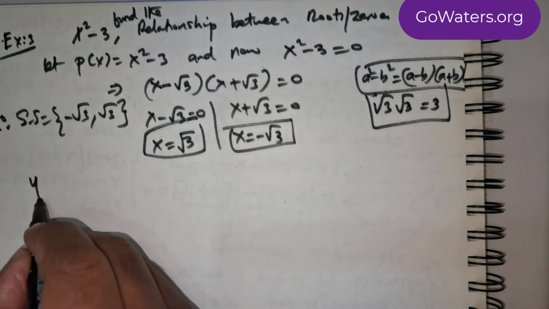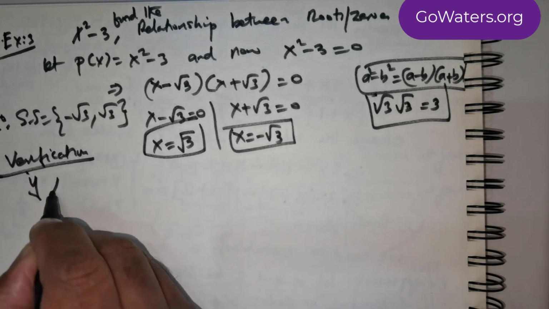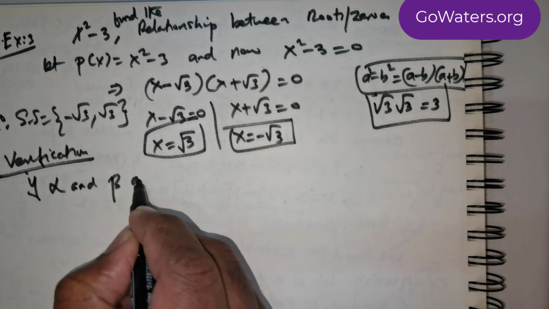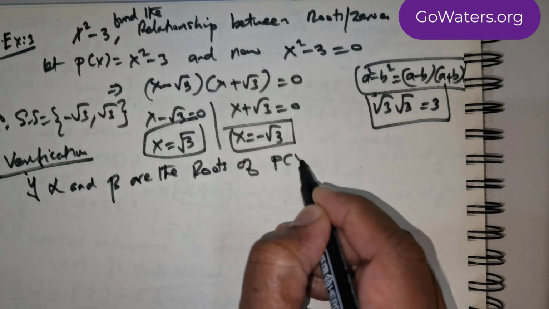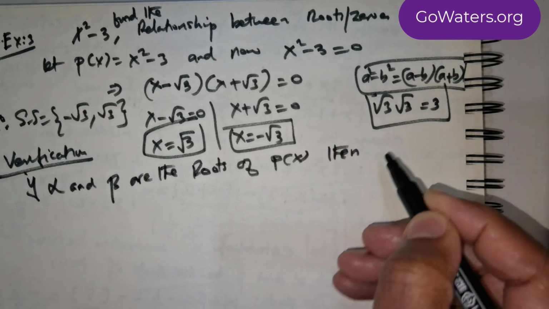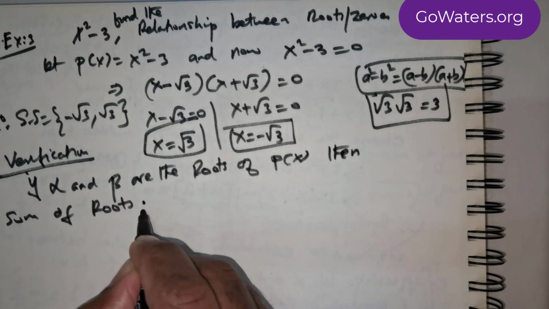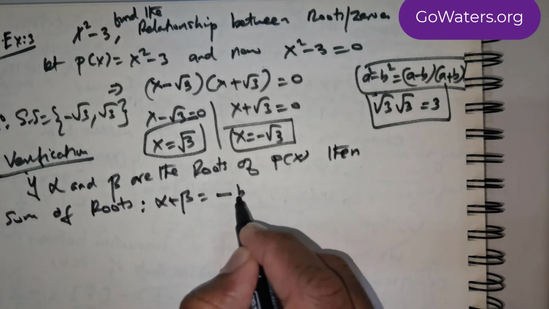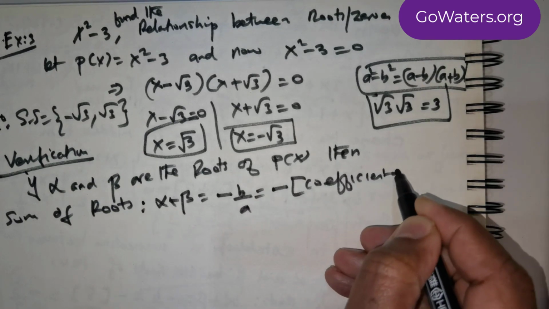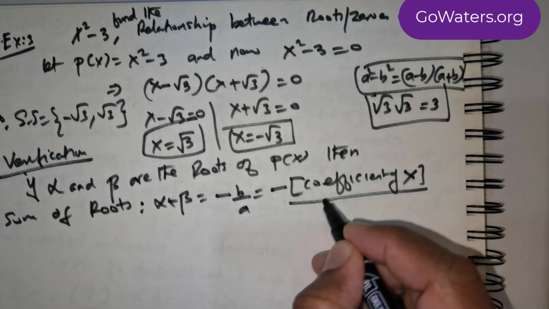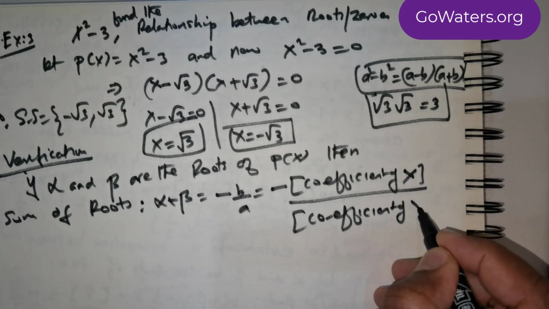Now coming to the verification part. If alpha and beta are the roots of p of x, then the sum of the roots, which is nothing but alpha added with beta, is equal to negative b over a, which is nothing but negative of coefficient of x divided by coefficient of x squared.